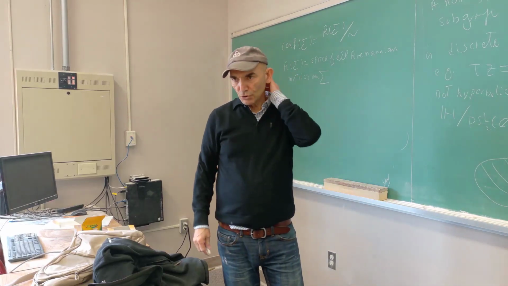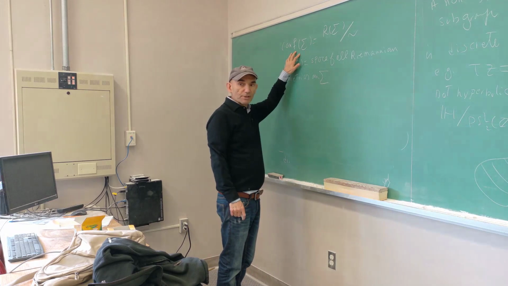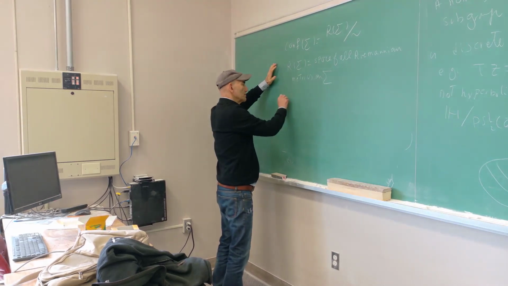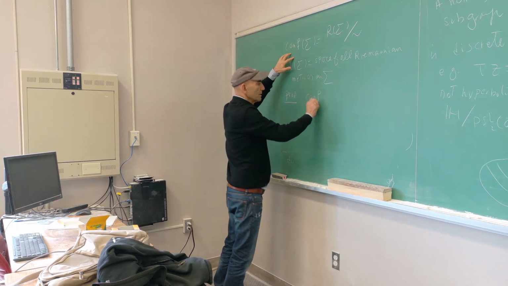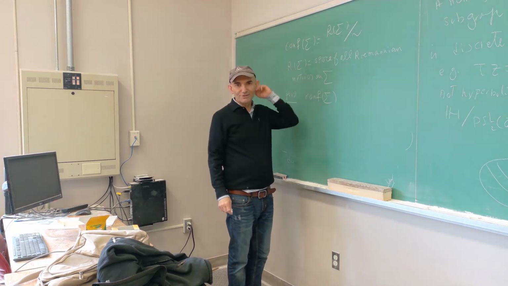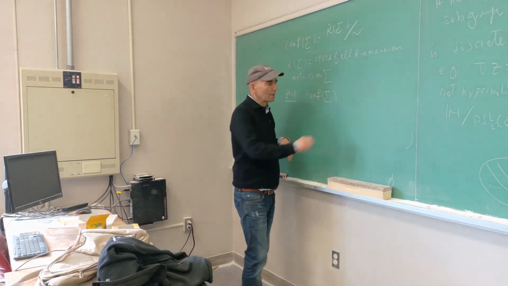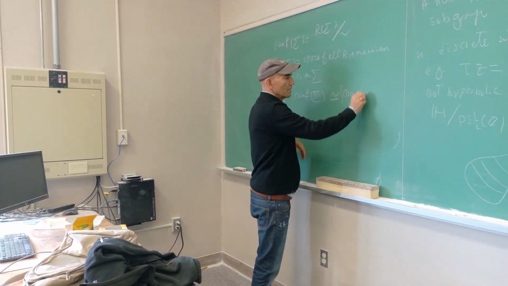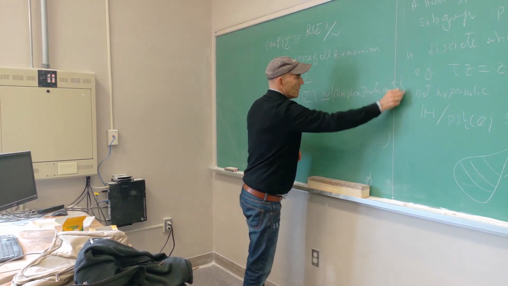Now what we want to show is that this space, the space of metrics up to conformal equivalence, is in one-to-one correspondence with complex structures on sigma. So complex structures are really conformal classes of metrics.